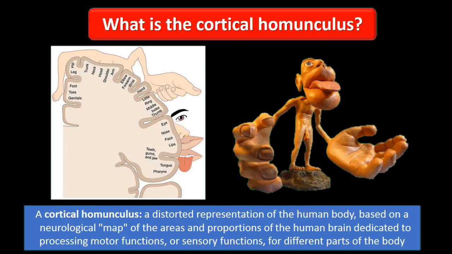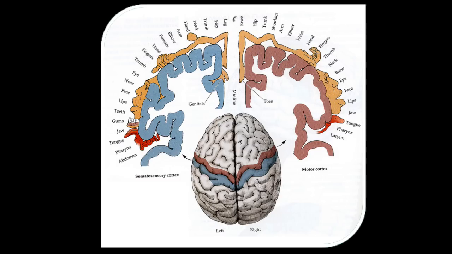Take note that the hands are big, so that there's a larger area in the cortex that subserves the function of the hands. Take note here, the legs and the knee, the feet, they're already in the medial part. And take note also of the lips and the tongue because of their wide representation.